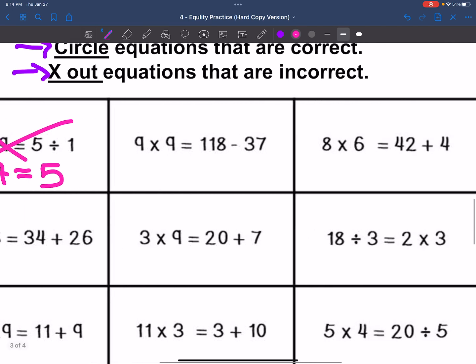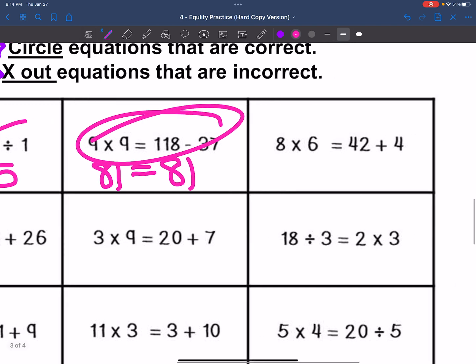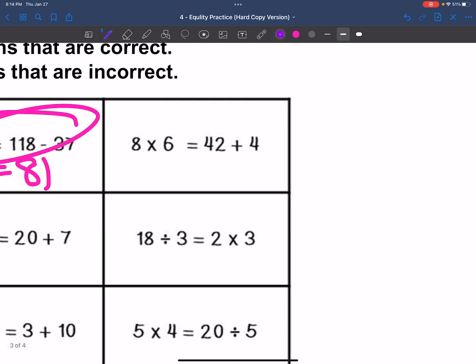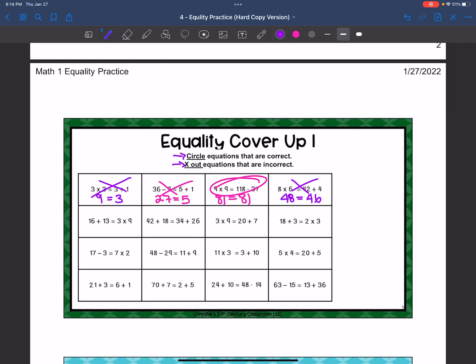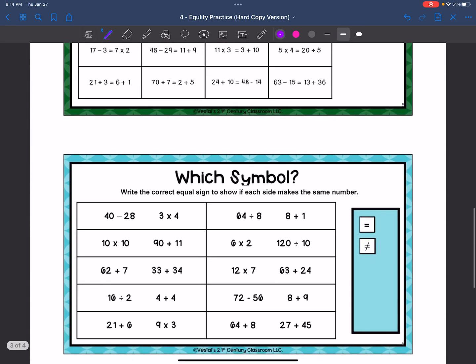No. Next, we have 9 times 9, which is 81. So is 81 equal to 118 minus 37? Well, that gives us 81. So yes. Next up, we have 8 times 6, which is 48. So is 48 equal to 42 plus 4, which is 46? No, that is incorrect. So that's how you'll do this slide. You'll do the rest on your own.